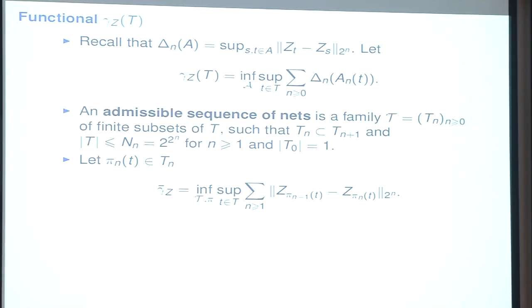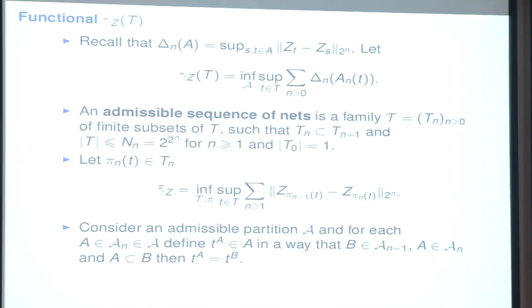And we can replace this functional gamma z by a functional which I can call gamma bar z, and replace the idea of partition diameter by just finding any projection on the set Tn from the point t. It looks very similar, but later I will comment on why it may be of interest to replace.